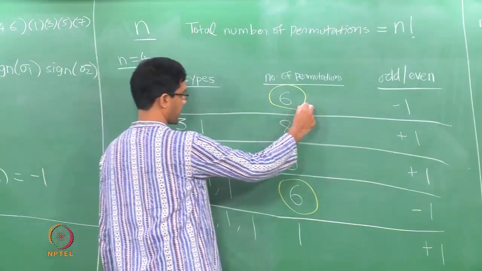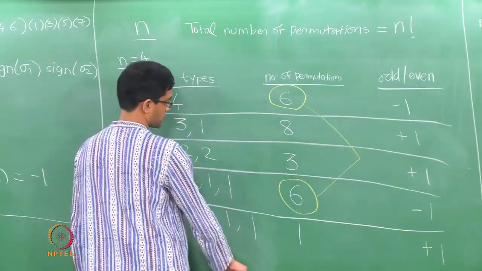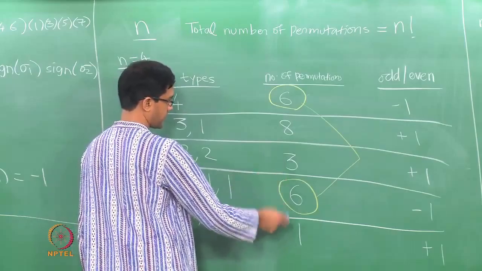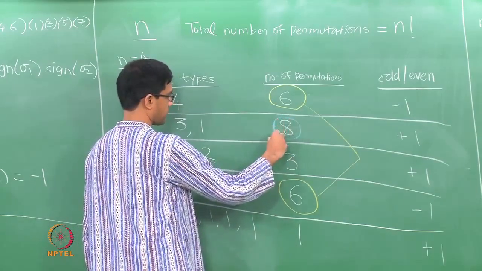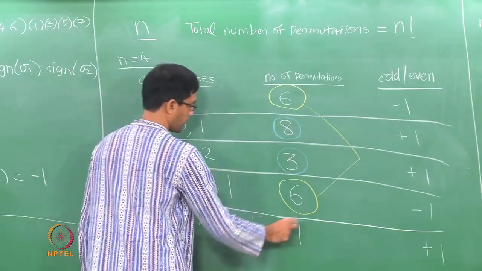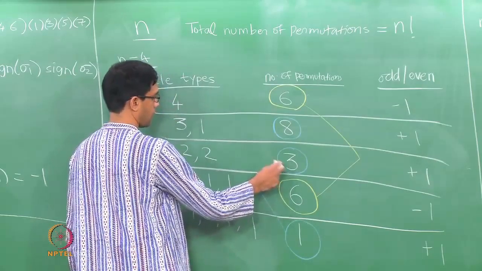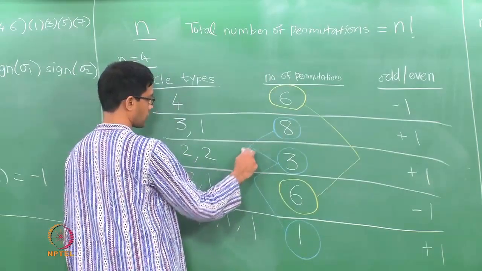So between these there are 12 odd permutations, and the even permutations are: there are 8 of them with cycle structure 3 1, 3 of them with cycle structure 2 2, and finally 1 with cycle structure 1 1 1 1. So these 3 together again give you 12.